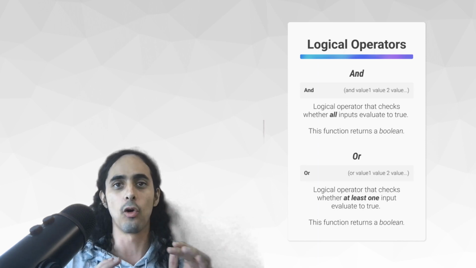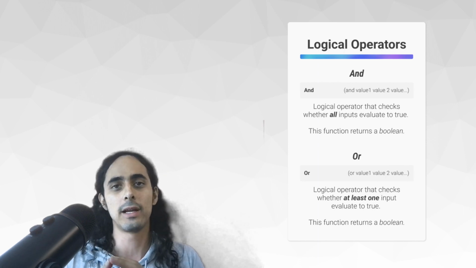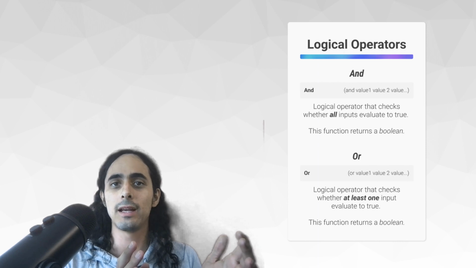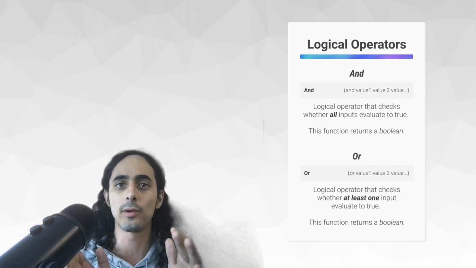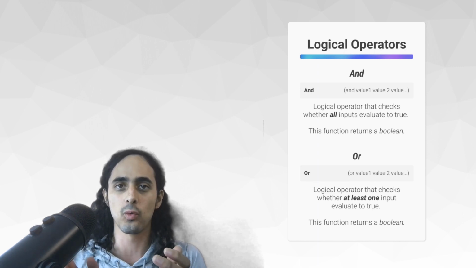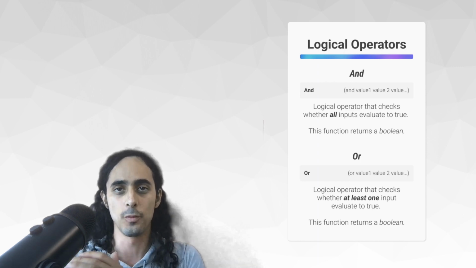Both the and and the or operators are extremely useful for evaluating any piece of logic. And is for evaluating that every single parameter passed in evaluates to true, and or is very useful when you just want to make sure that one use case evaluates to true.